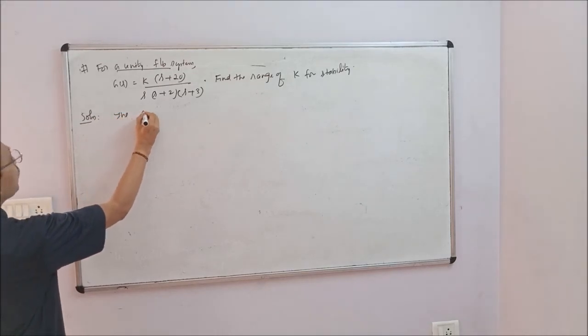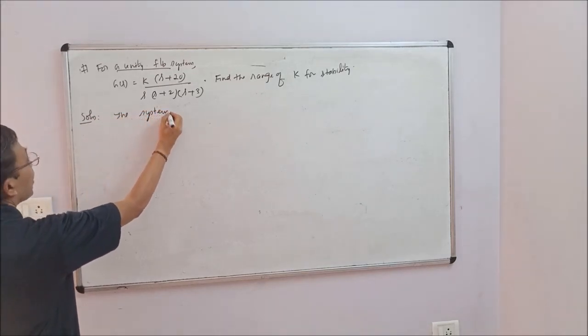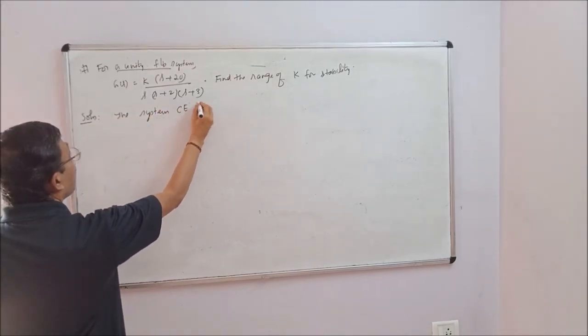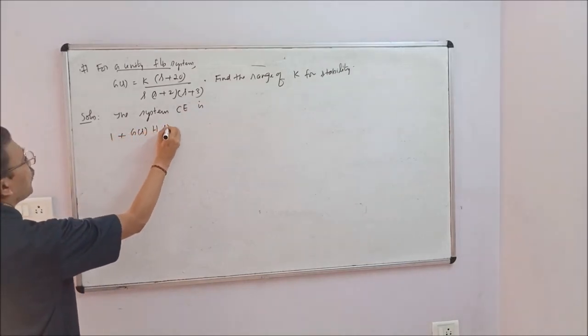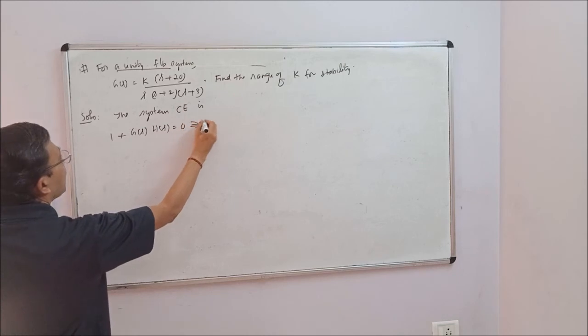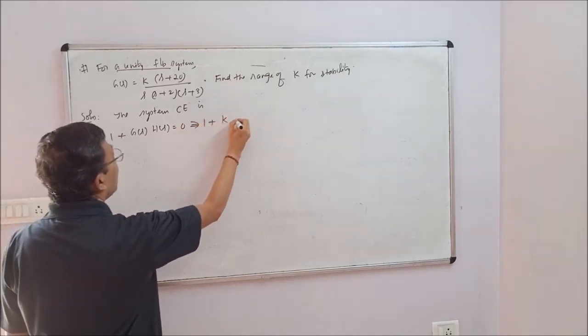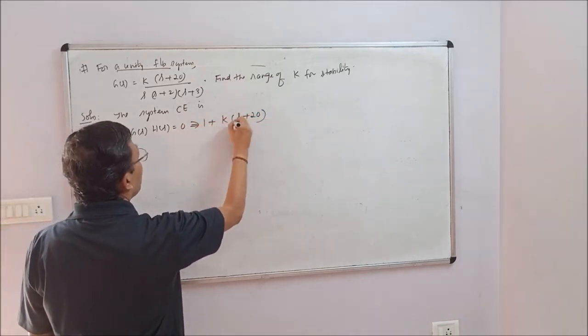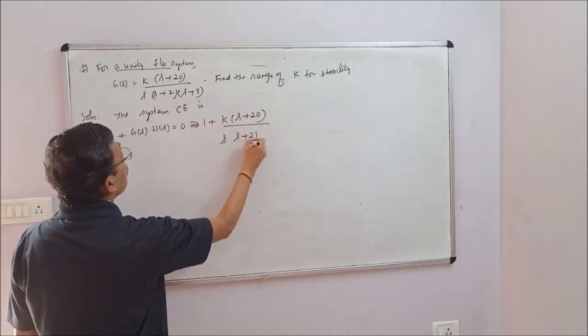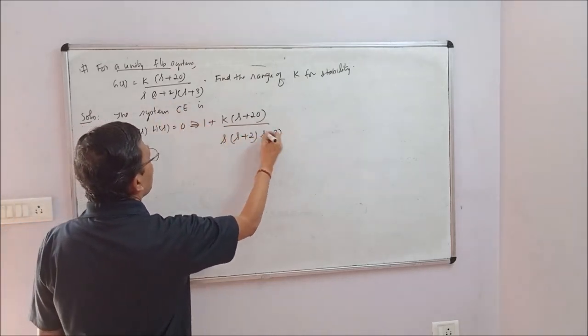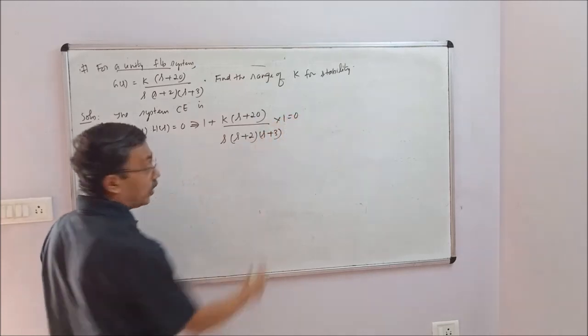The system characteristic equation is 1 plus G of S H of S equal to 0. This implies 1 plus K into (S plus 20) divided by S into (S plus 2) into (S plus 3) into 1 equal to 0.